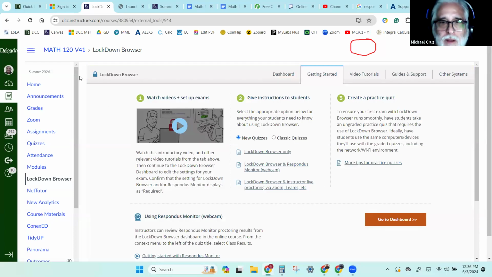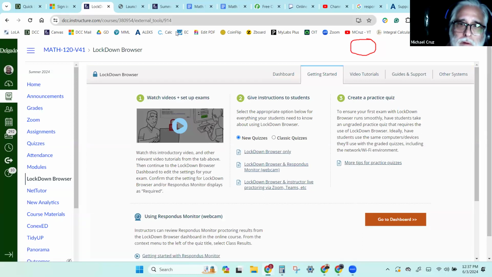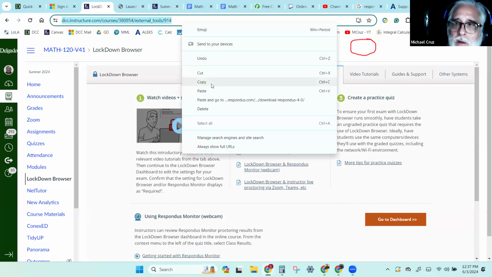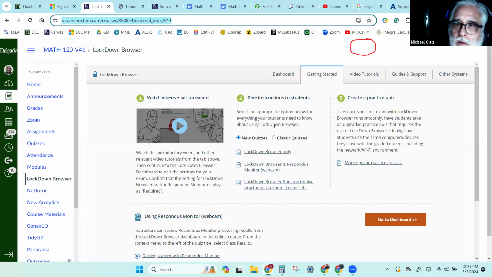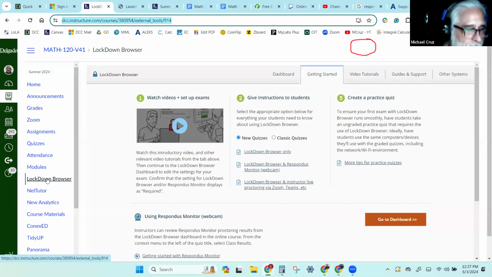Let me just look in here real quick. Okay, so in that lockdown browser section, this is the one you want right here. So see where I'm at? In lockdown browser.